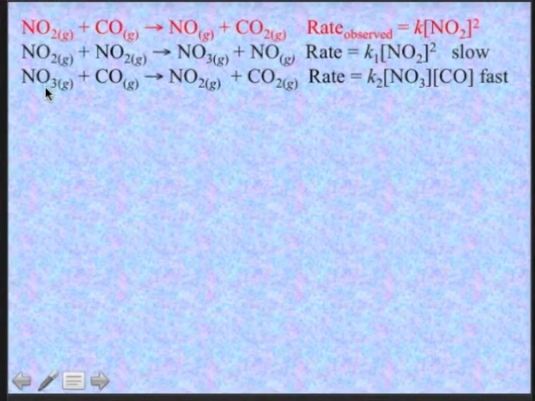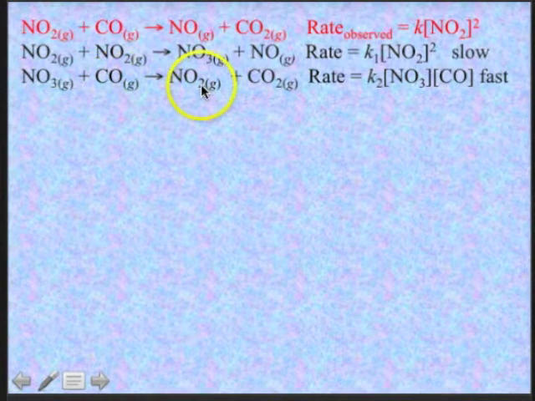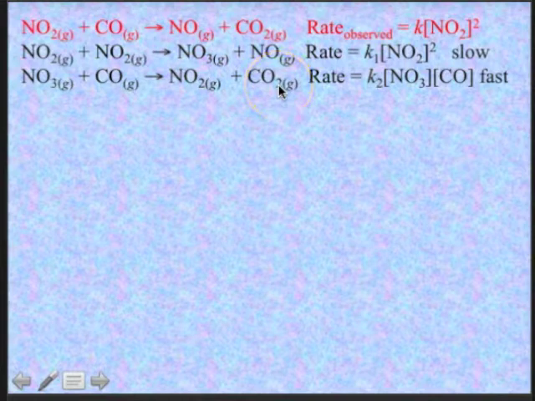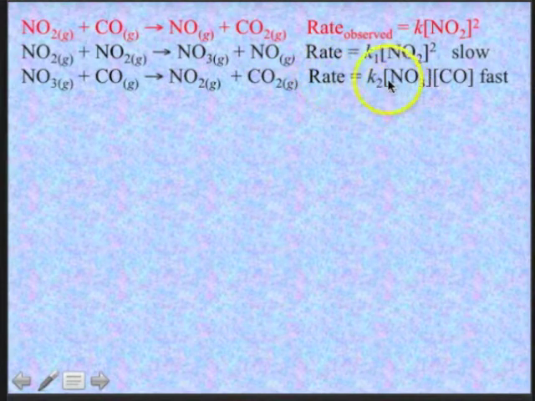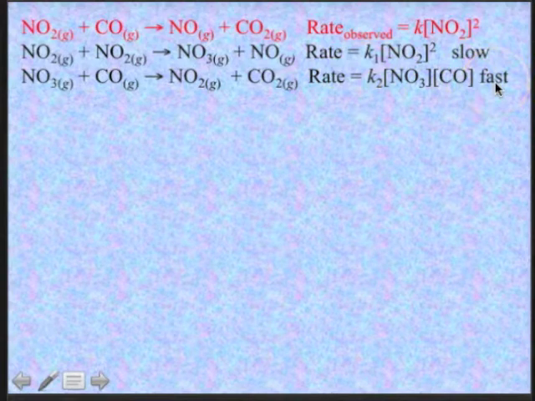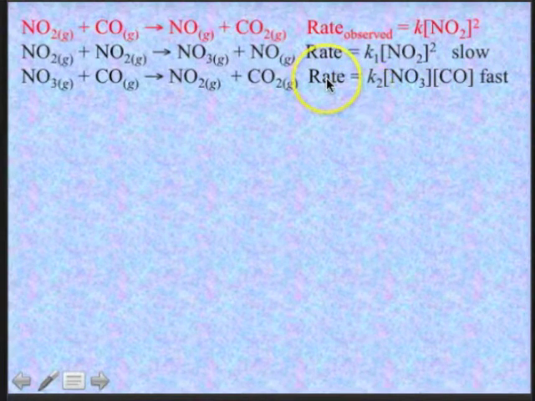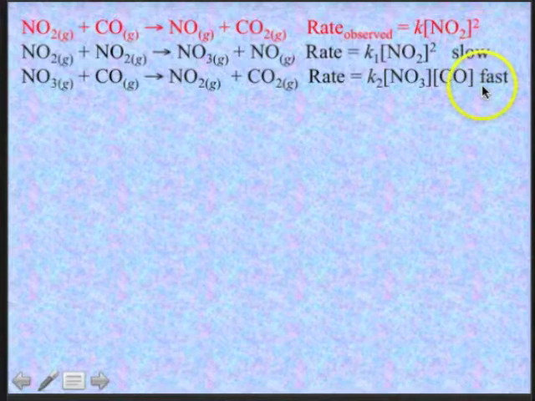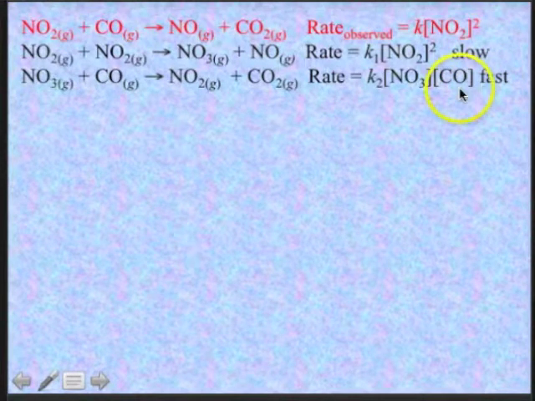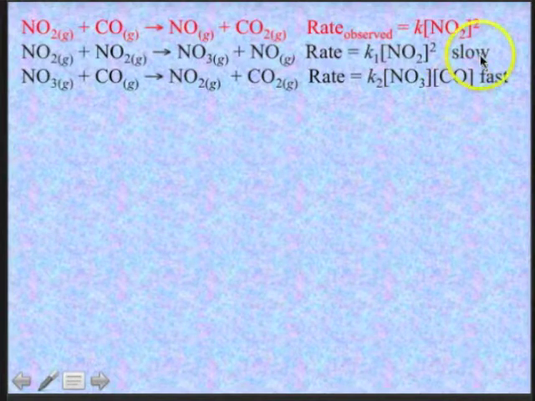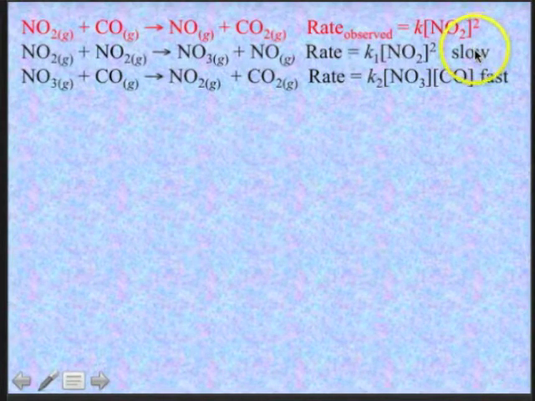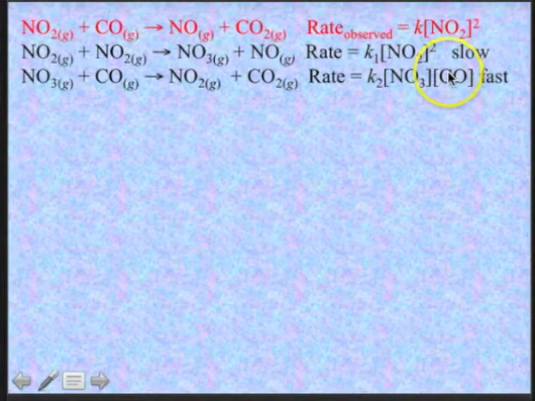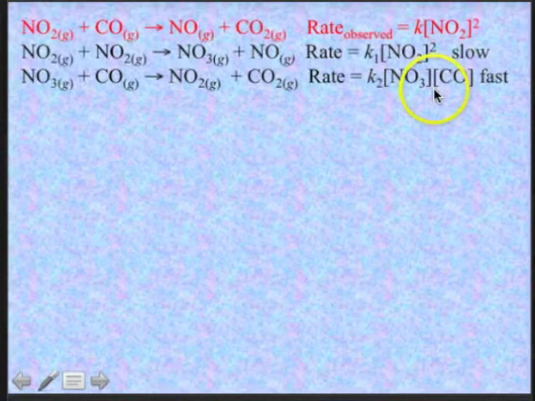The second step is that NO3 reacts with carbon monoxide to form NO2 plus CO2, and the rate for that is this, and that's the fast step of the reaction. But the thing is, you have a slow step followed by a fast step. So the thing that's really determining the rate of the reaction is the slow step, because the fast reactions that follow the slow step are not going to impact the rate of the reaction.